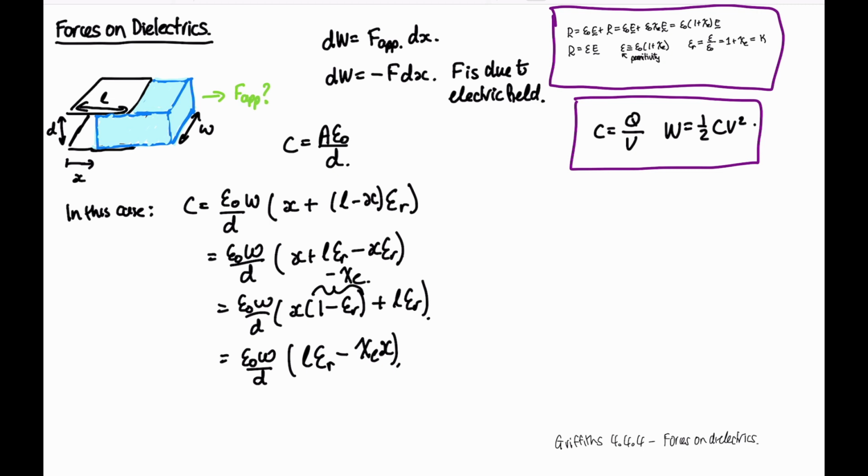But what we're looking for is the force. So let's go back to this equation and rearrange it. So we've got the force is equal to minus dW dx, and this is the force applied by the electric field. Now, what we're going to need to do is think carefully about the situation. Because we're dealing with work, we want the only work to be due to the electric field, which is equal and opposite to this applied force.